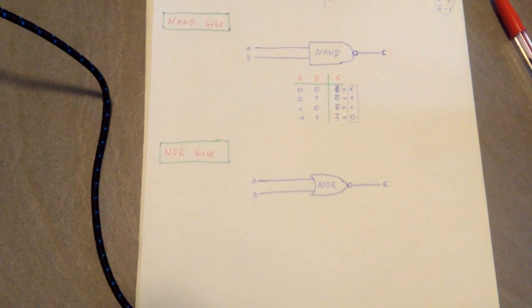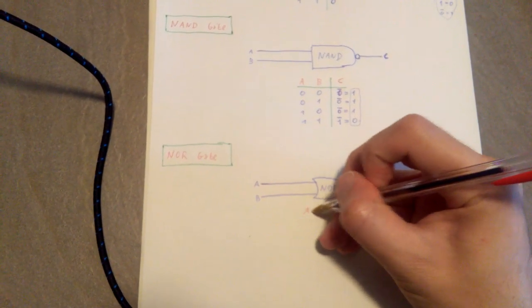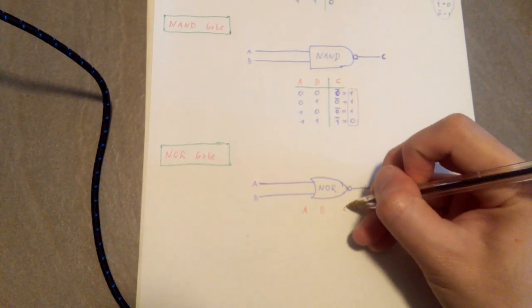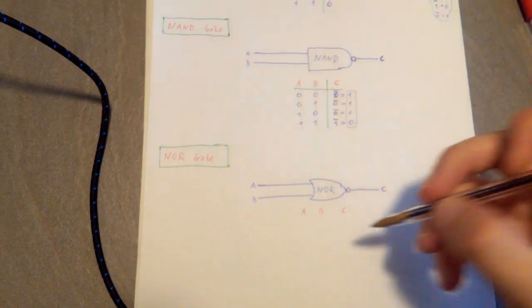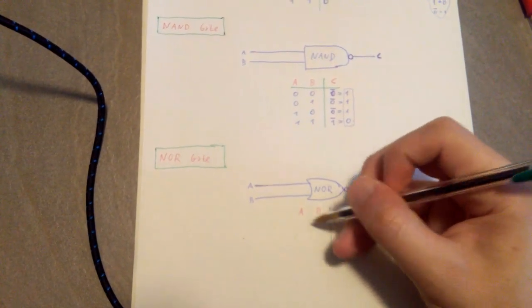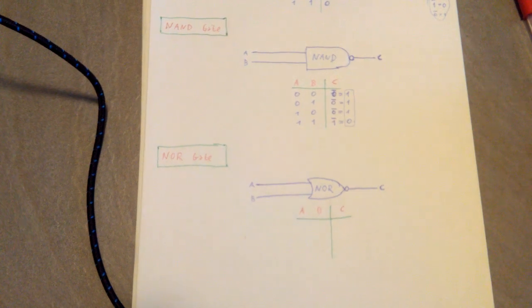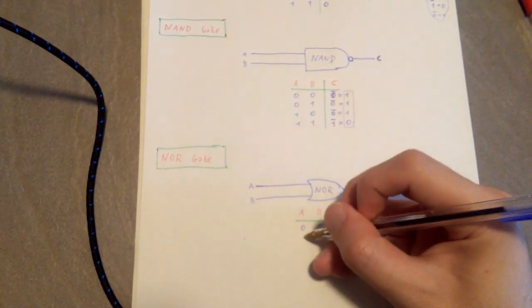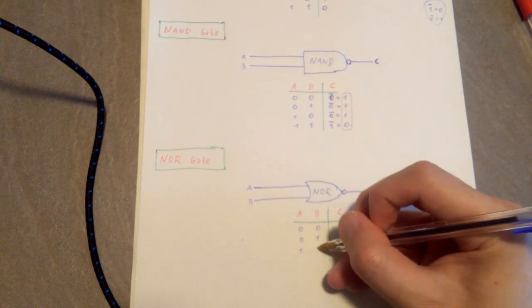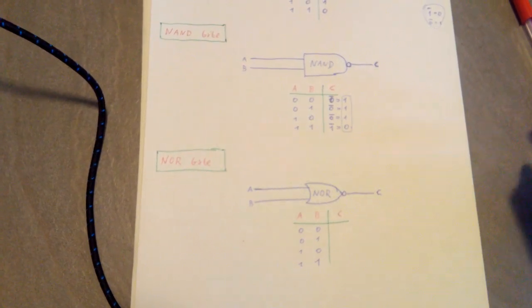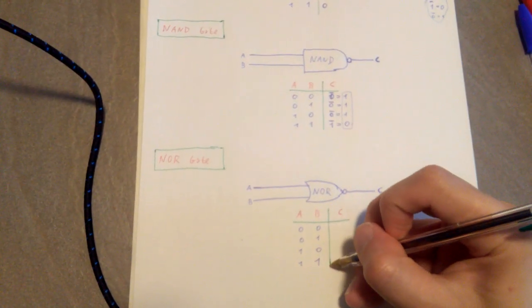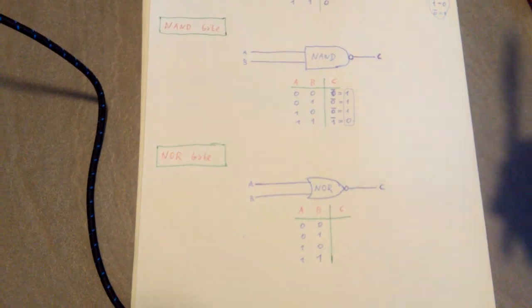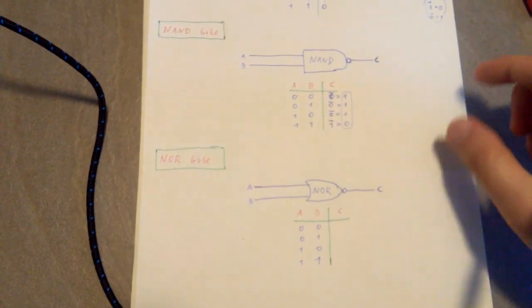Now, if we write the truth table once again for this gate, what do we have? Well, just do the same thing: 0, 0, 0, 1, 1, 0, 1, 1. Those are all the possible inputs. What do we get as an output?